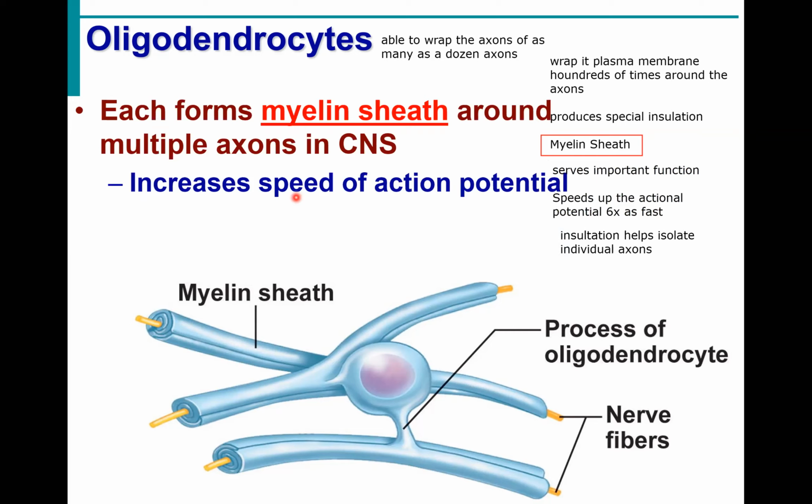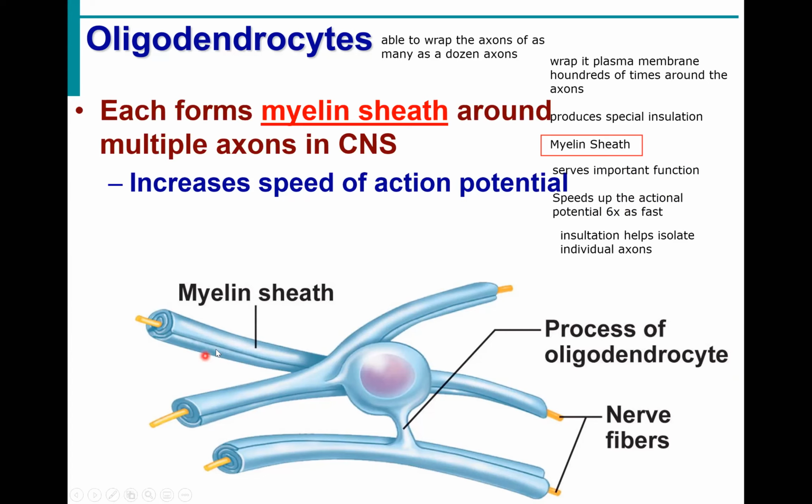Now, as it turns out, our axons in the peripheral nervous system are going to need myelin as well, but it will not be the oligodendrocytes that do that. Instead, it will be a different type of cell. And although we'll talk about it again later, I can bring it up now.